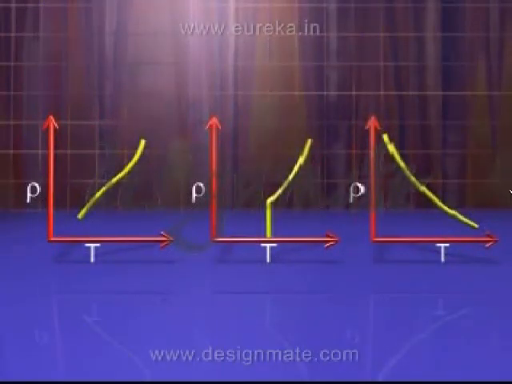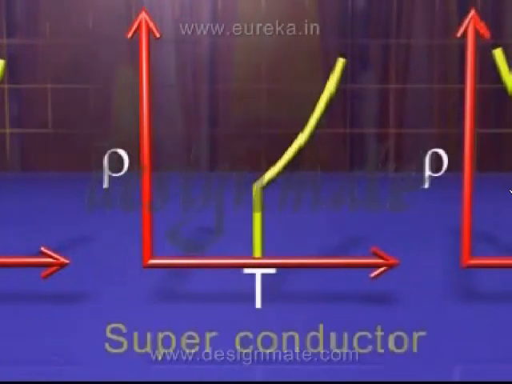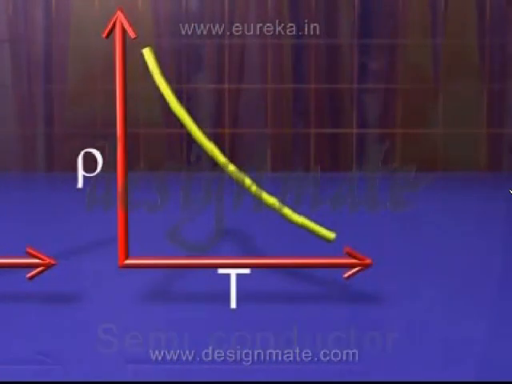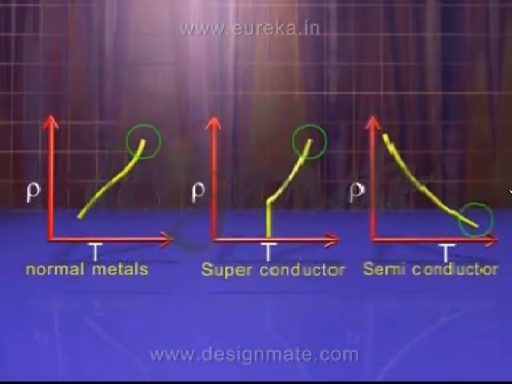Figure shows how resistivity changes with the temperature for 1. a normal metal, 2. a material going into a superconducting state, and 3. a semiconducting material. Note that at higher temperatures, the temperature dependence of resistivity is not linear.